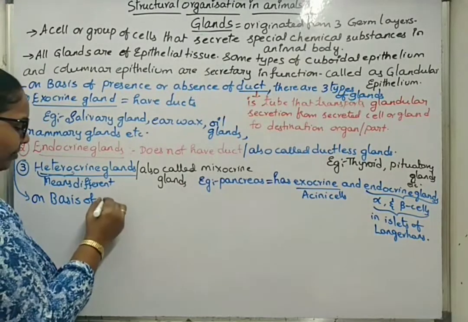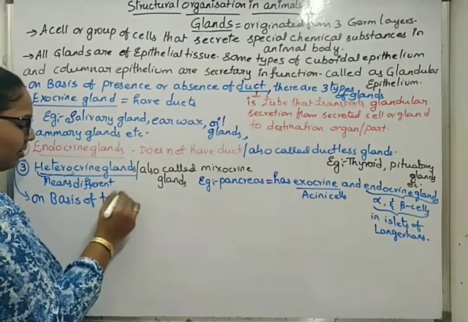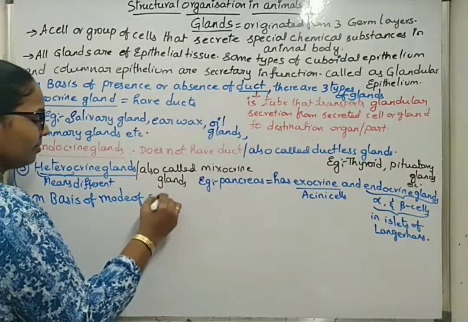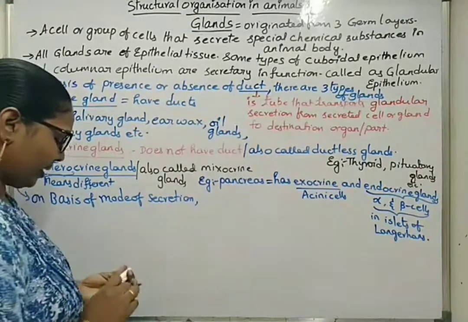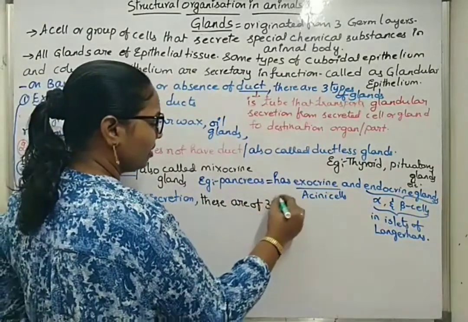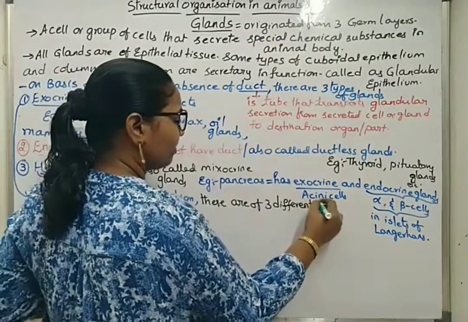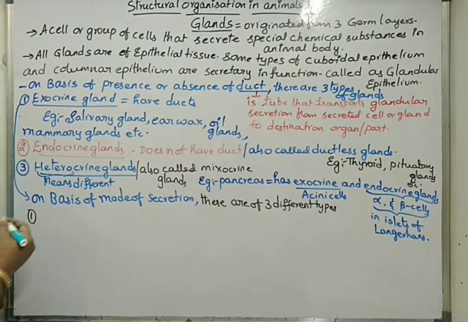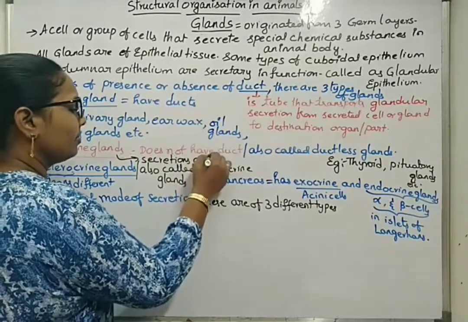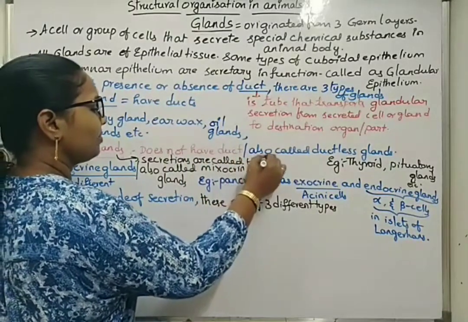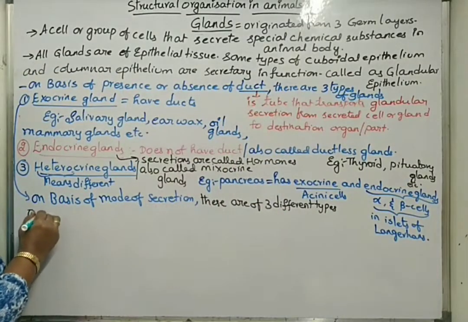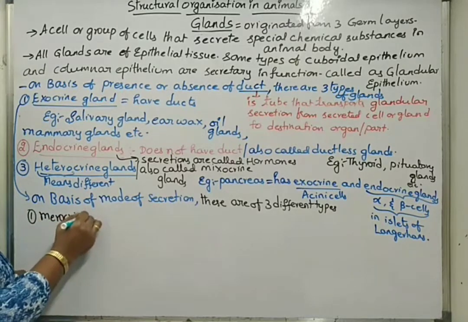On the basis of mode of secretion, there are 3 different types. One is merocrine glands.